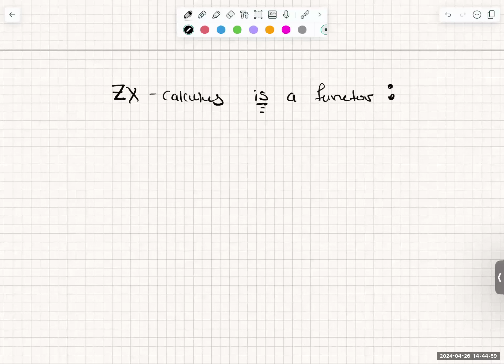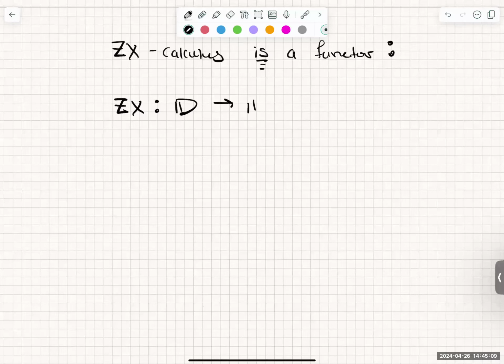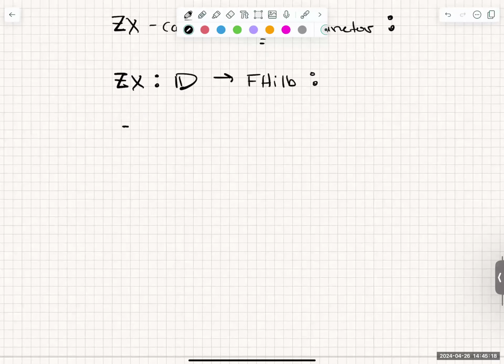Not sure if that's the correct terminology here, but the basic idea is that you define this functor from D to FHilb, such that we have to satisfy this action on generators.